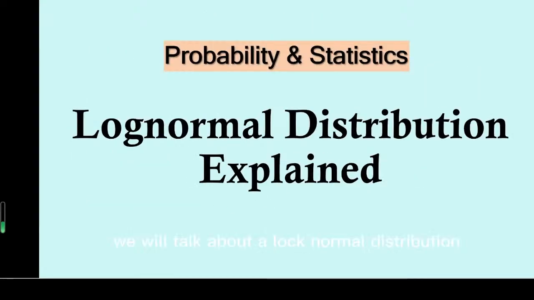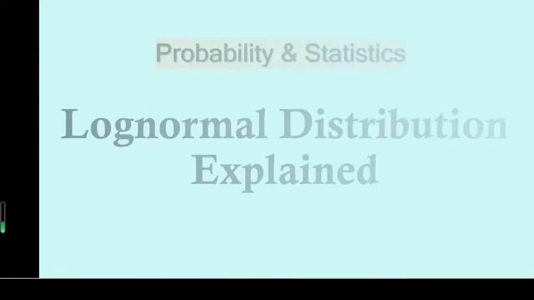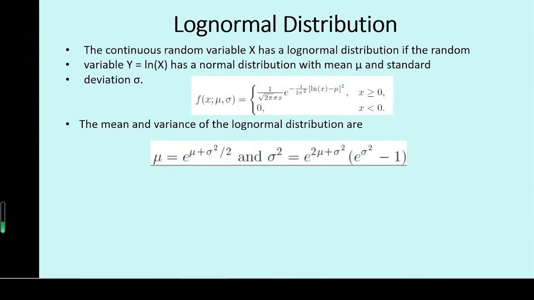In this video, we will talk about the log-normal distribution. A continuous random variable X has a log-normal distribution if the random variable Y equals log X has a normal distribution with mean mu and standard deviation sigma.